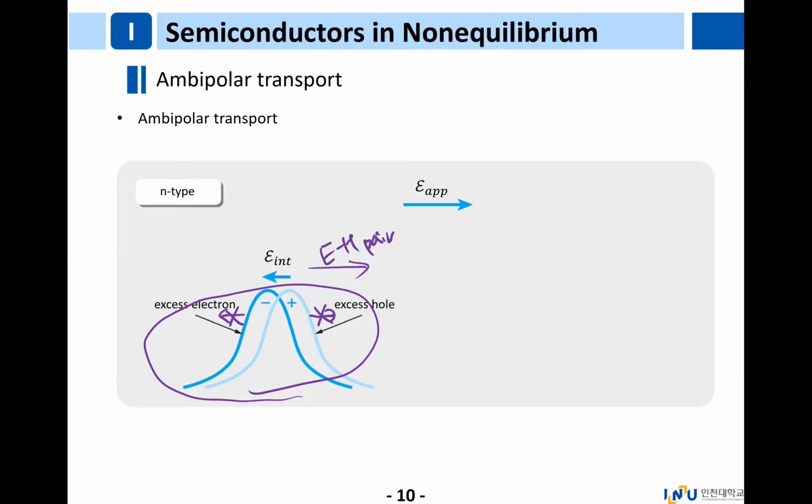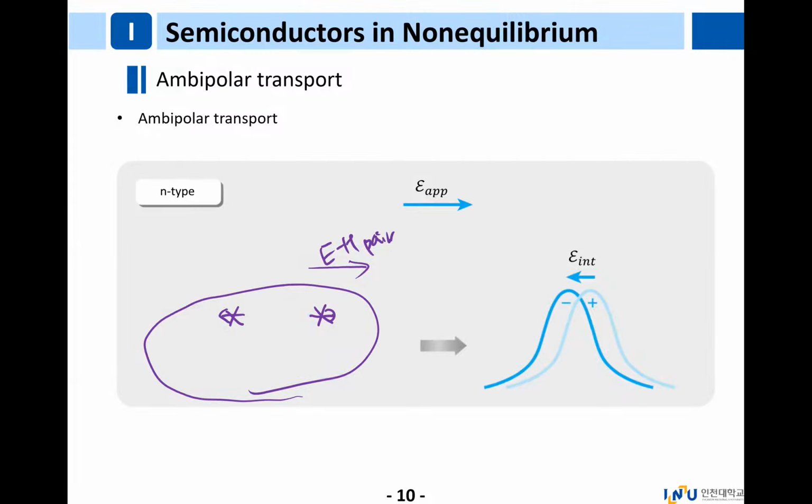This means that electrons and holes always move together, propagating as electron-hole pairs.